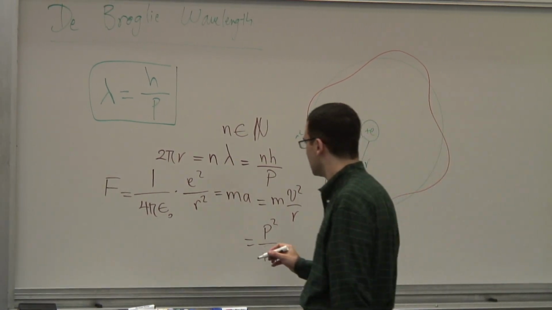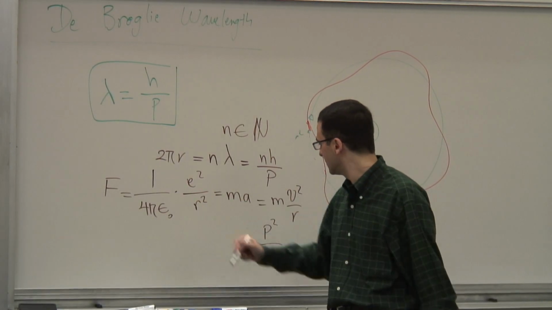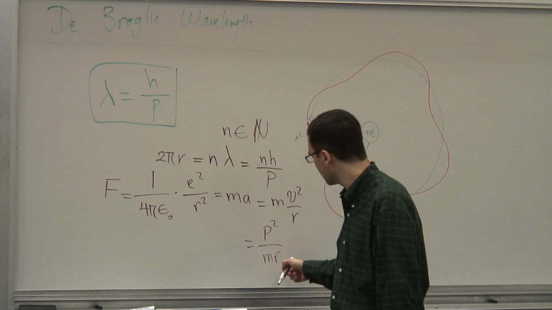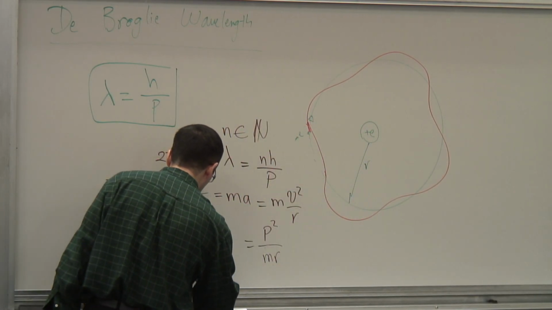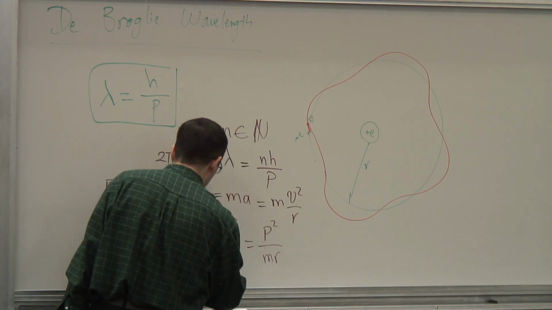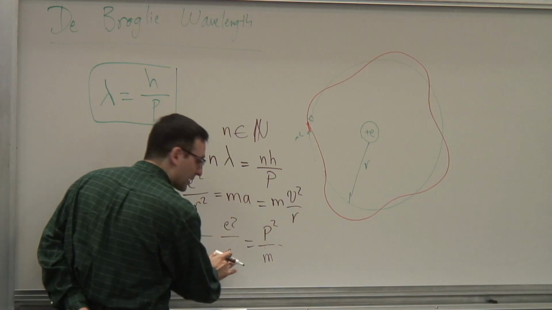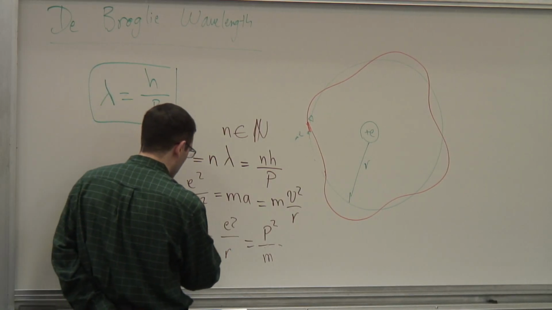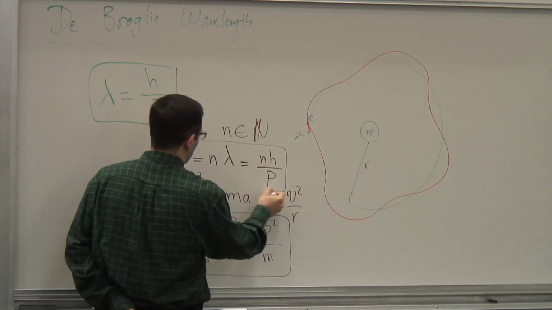So that's the force. So I have an equation relating p squared and r, and the other side is 1 over 4 pi epsilon naught e squared over r squared. Then I can cancel one of the r's. So I can cancel this r with that, right? So this is the other equation. This is one equation, this is the other.